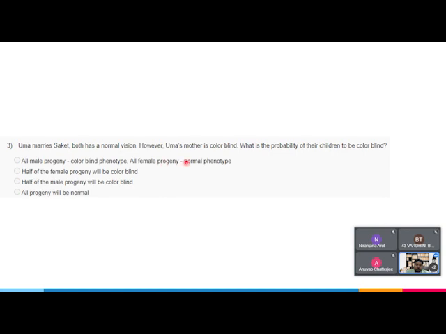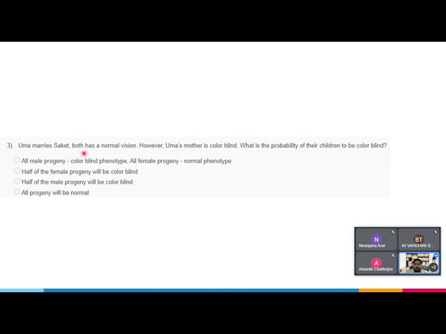What the information suggests is that the parental generation should start from Uma's mother. Uma's mother is colorblind, and another hint is that colorblindness is an X-linked recessive disease.